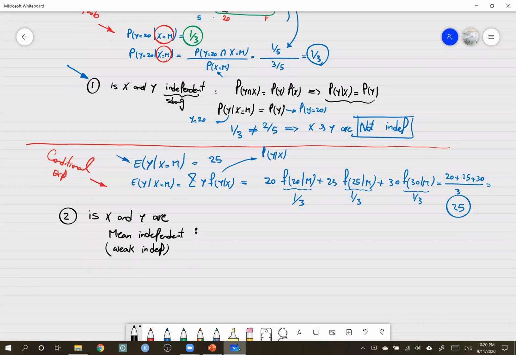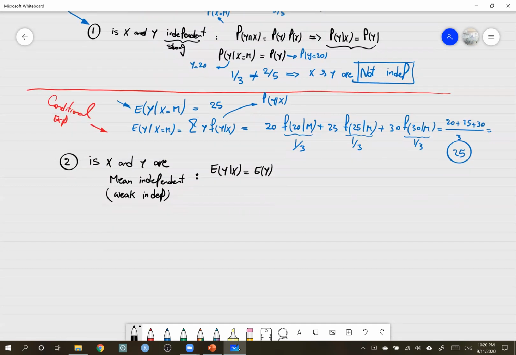We want to see if the expected value of y given x is equal to the expected value of y. Let's see if that's the case. You have to remember, guys, you have to check this statement for all the values of x. So let's start with male.